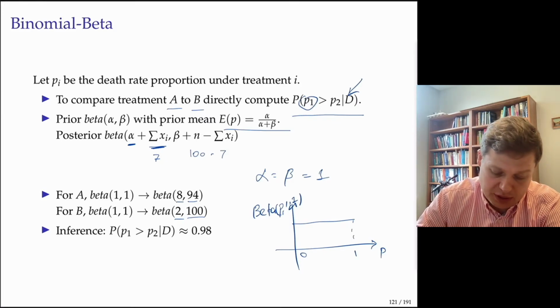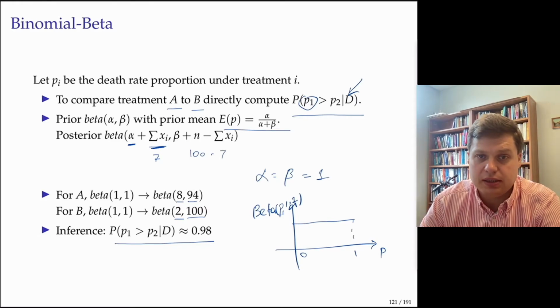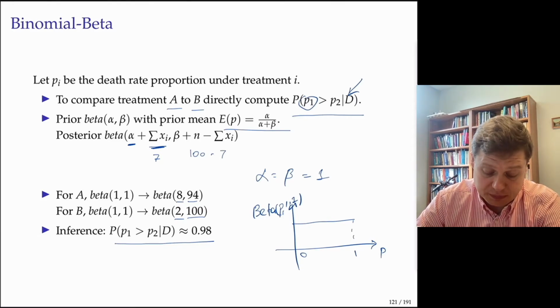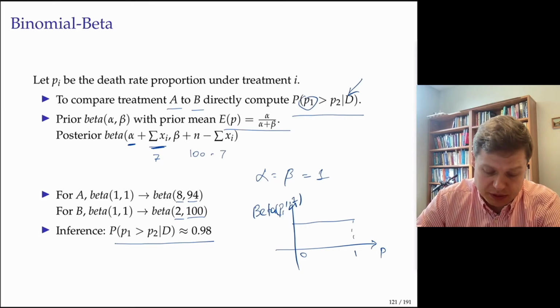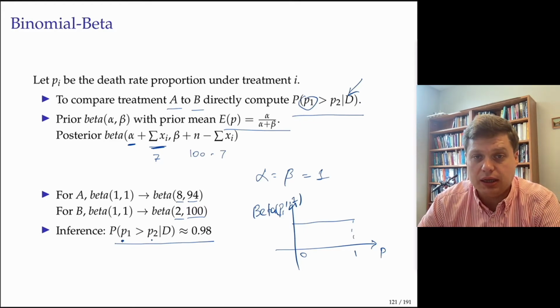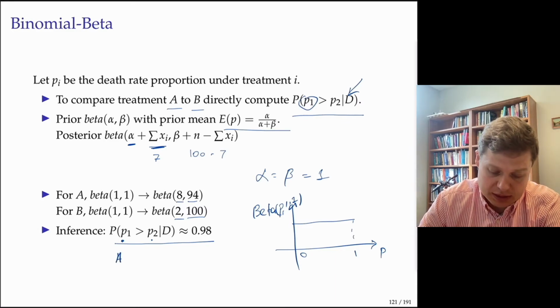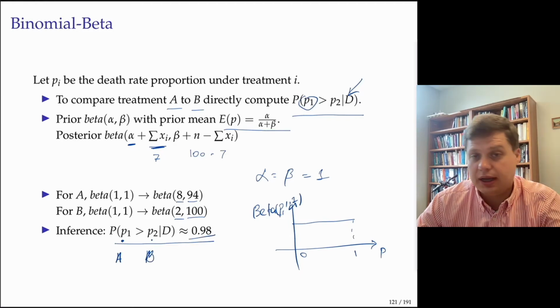And now we can do the inference, so we can calculate the difference of two betas and calculate the probability that P1, which is a beta distributed variable, is greater than P2. So the probability that treatment A's death rate is greater than the death rate of treatment B is roughly 98%.